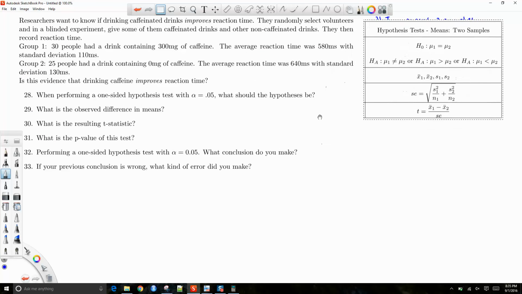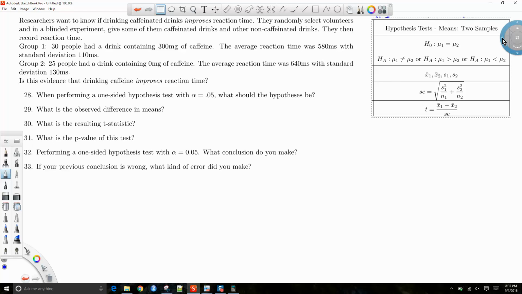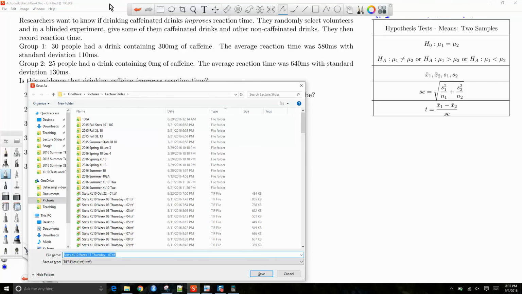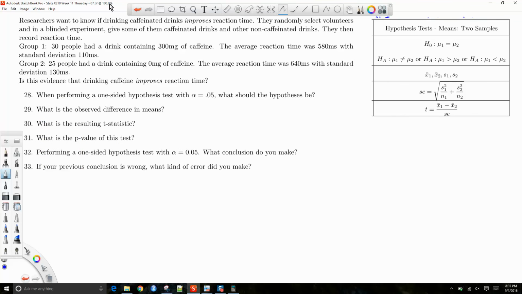Question: are we going to repeat hypothesis tests using two samples in a different section, different research, different question? You might see hypothesis test for means of two samples twice on the final. Just because you did it once doesn't mean it will not appear again.